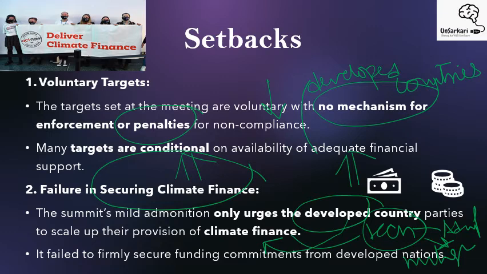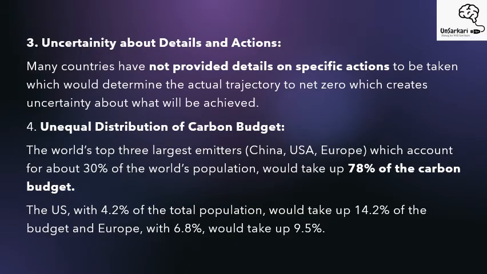It also failed to firmly secure funding commitments from developed nations, as I just said. Then there is uncertainty about details and actions, how it is actually going to be applied. Many countries did not provide any details or specific actions, which would determine the actual trajectory to net zero, creating uncertainty about what will be achieved.